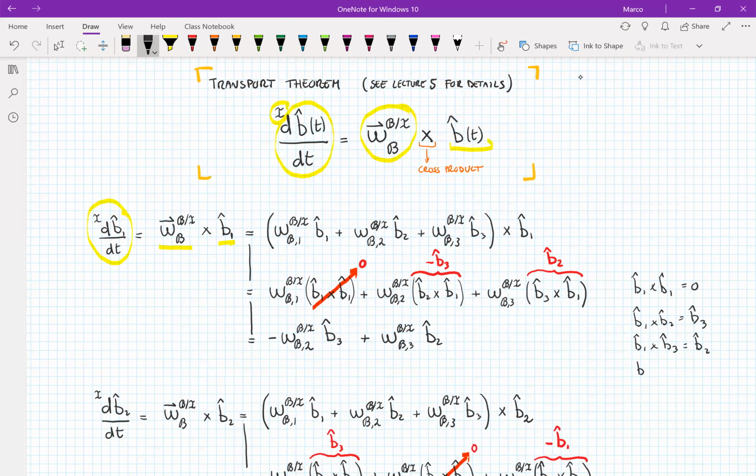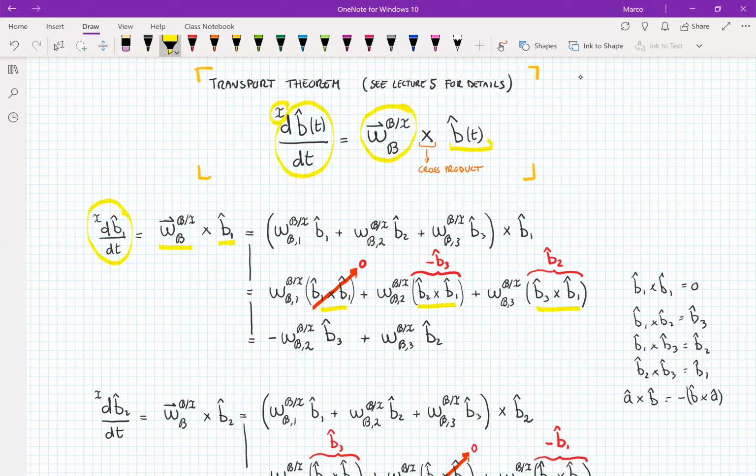And finally, b2 cross product b3 is b1. And of course, if you invert, for example, a cross product b is equal to minus b cross product a. So here b1 cross product b1 goes to 0, b2 cross product b1 is minus b3, and b3 cross product b1 is b2.